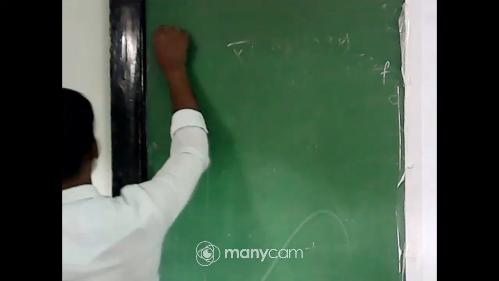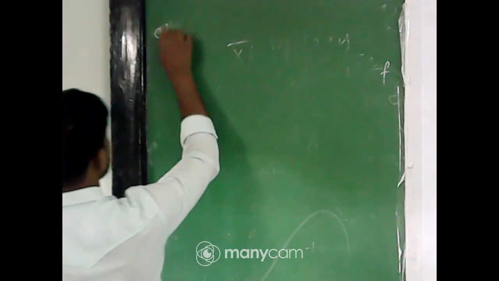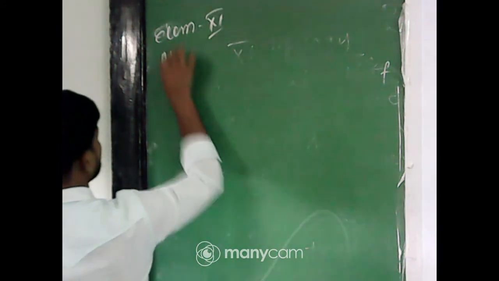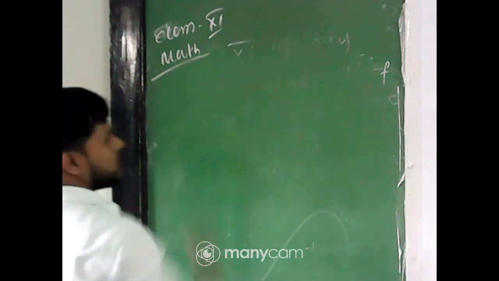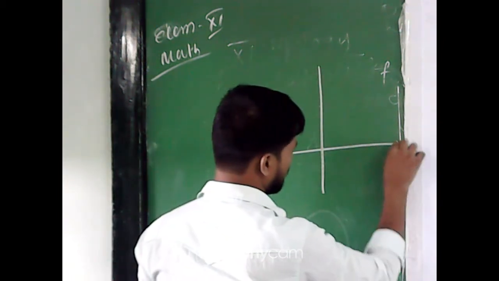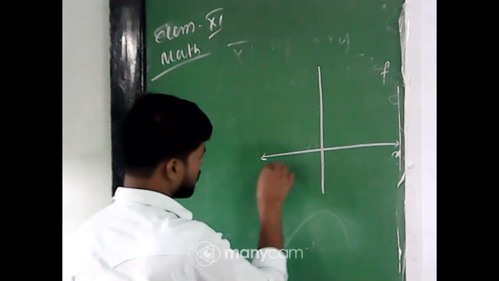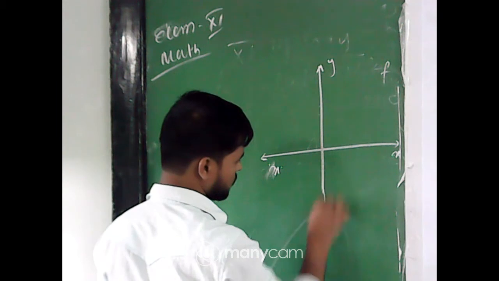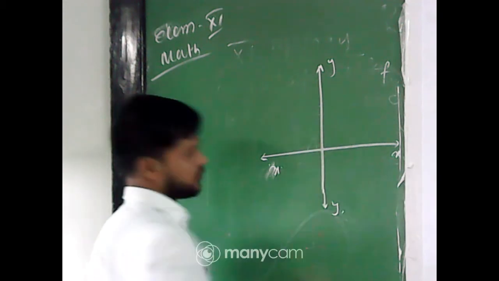Okay, so let us consider two straight lines. This is the x-axis, this is the y-axis, this is the origin.